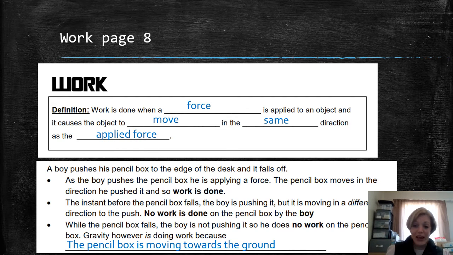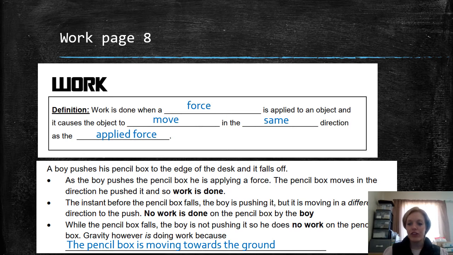It is not moving in the direction of the force. So therefore, no work is being done by the boy. While the pencil box falls, the boy is not pushing it, so he does no work on the pencil box. However, gravity is doing that work. Why, guys? Because the pencil box is moving towards the ground.